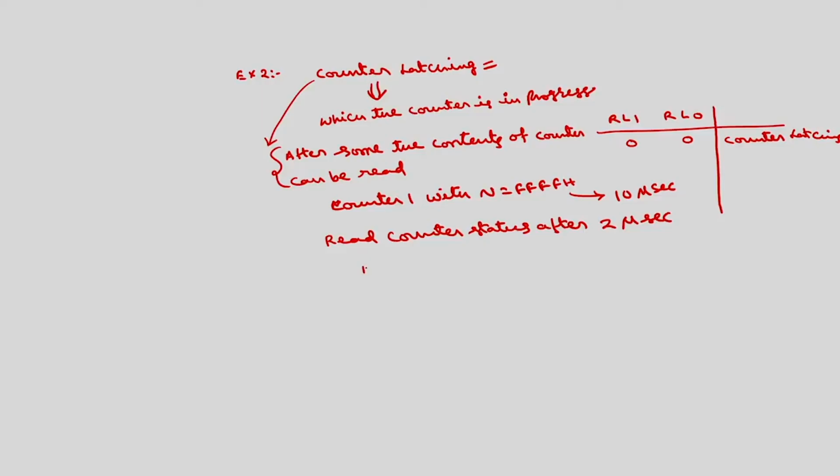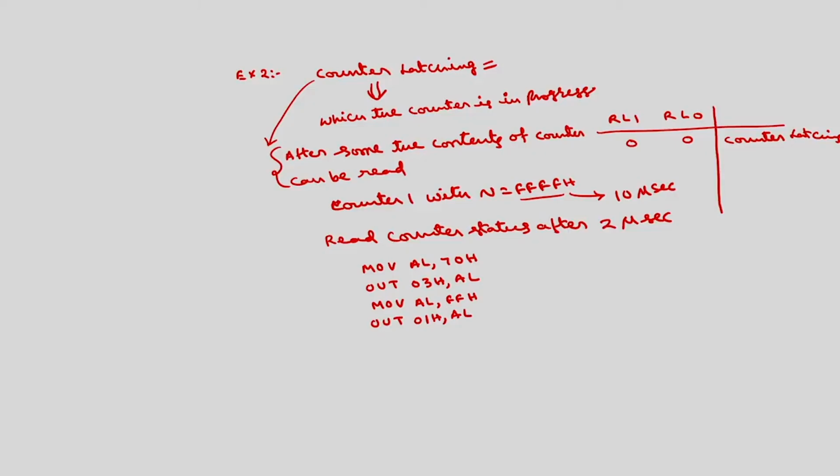So the program will be MOV AL, 70H, as we have discussed. 70H is for programming counter 1 in mode 0 with a 16-bit count value. OUT 03H, AL, the control register. Then we have to load FFFFH: MOV AL, FFH, OUT 01H, AL, because this is counter 1, whose address is 01H.